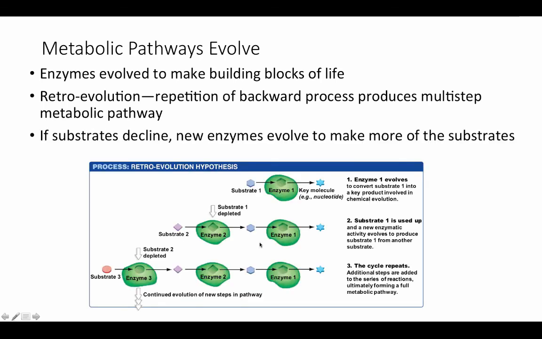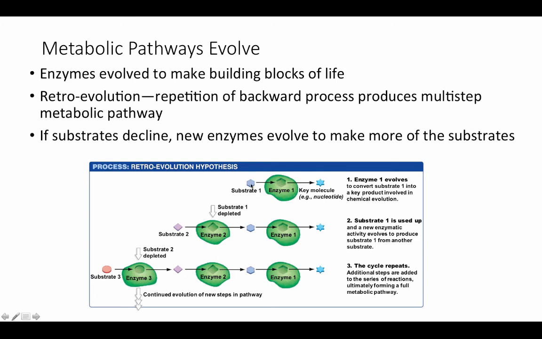So what that means is that the earliest enzymatic activity that evolved was the one that results in the final product at the end of our whole metabolic process. So there's some key molecule that's needed to be produced, and the first thing that would have evolved would have been the last step in the ultimate metabolic pathway that gives you that molecule that's needed.